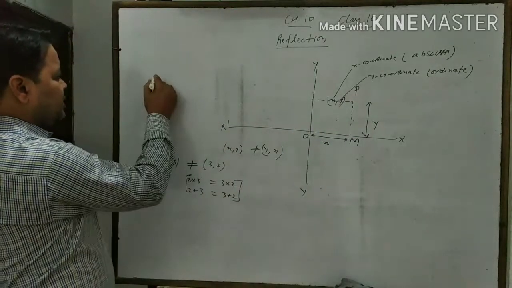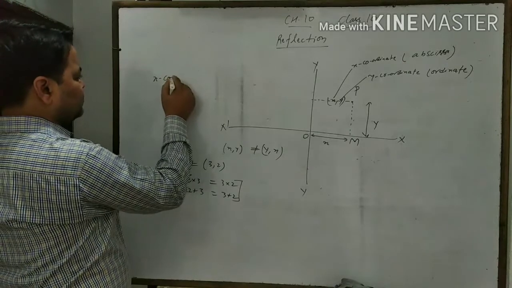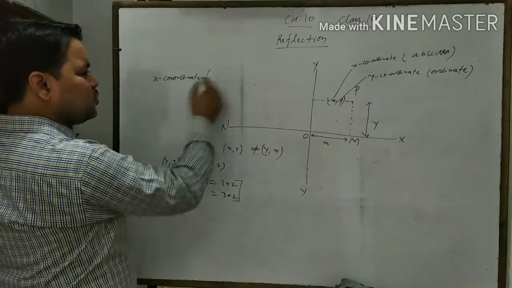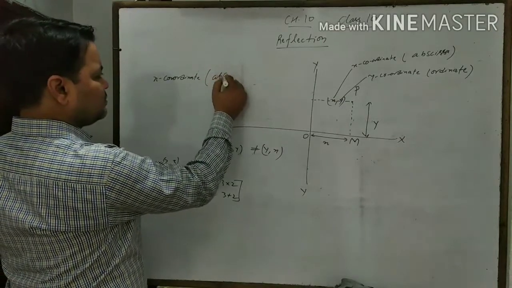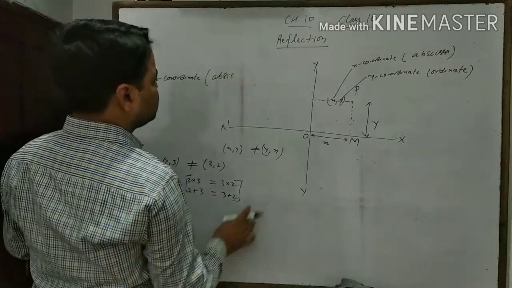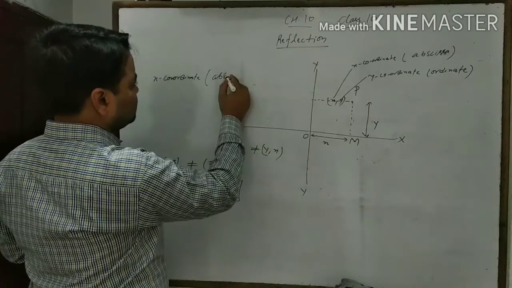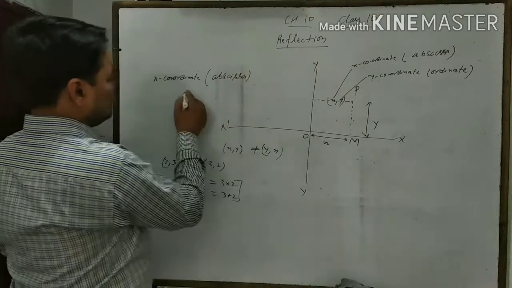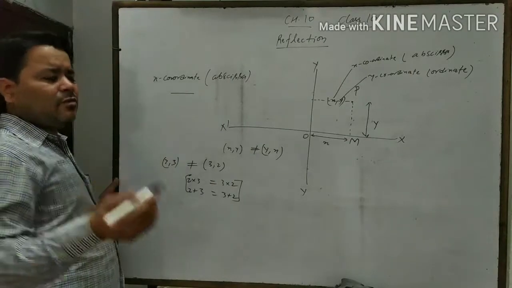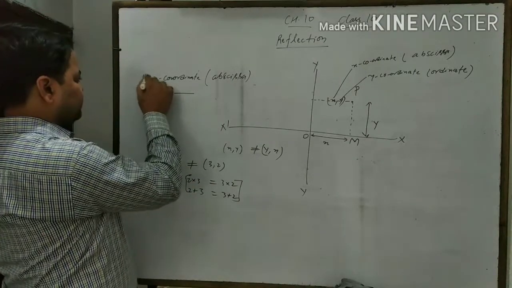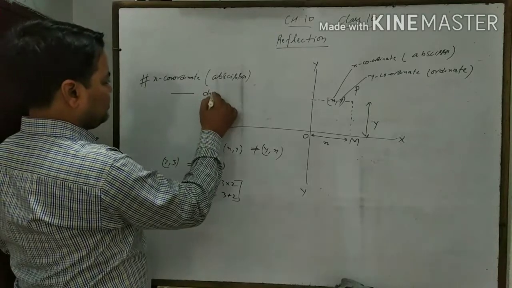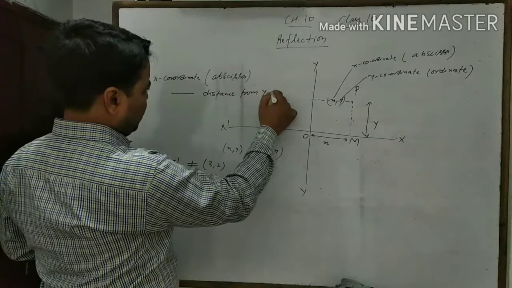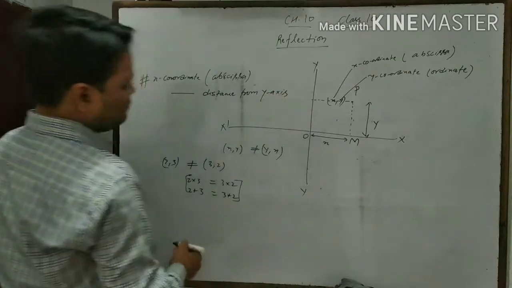It means here the x coordinate, which is also known as abscissa, is what? The distance from the y-axis.